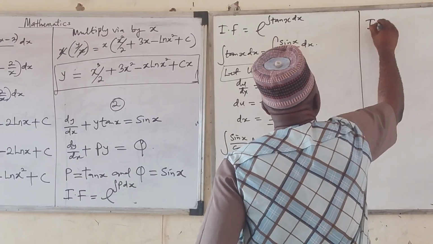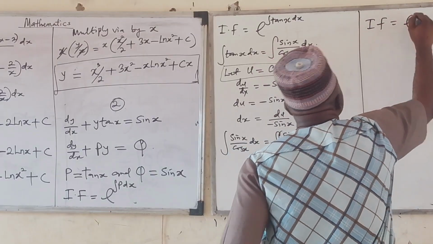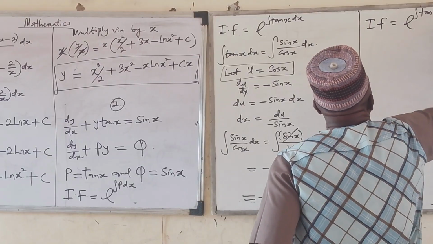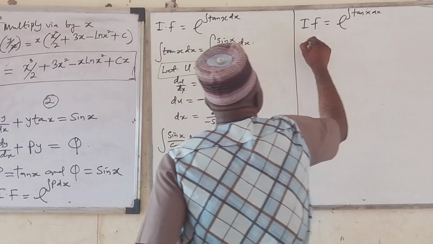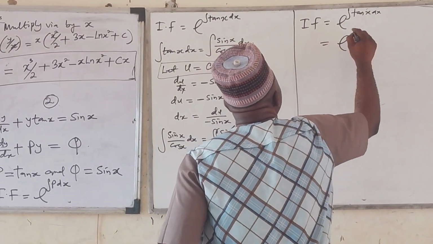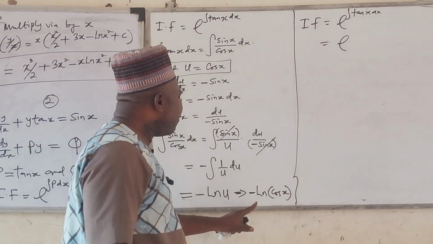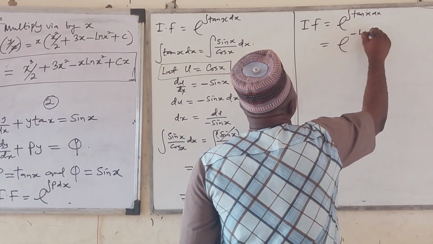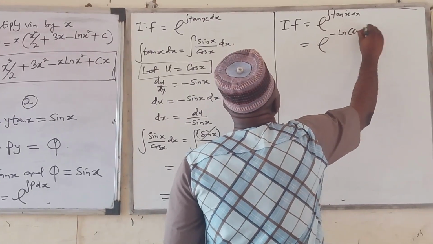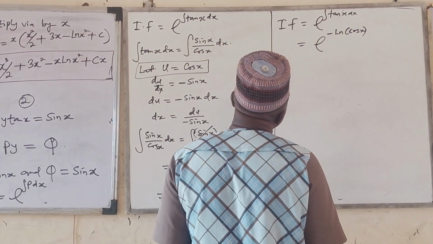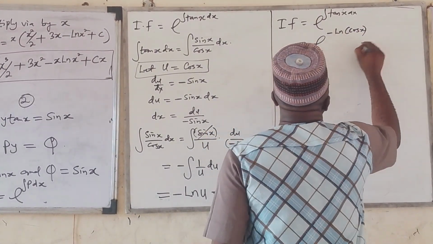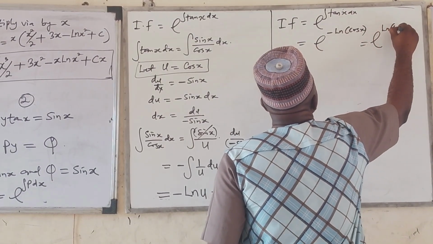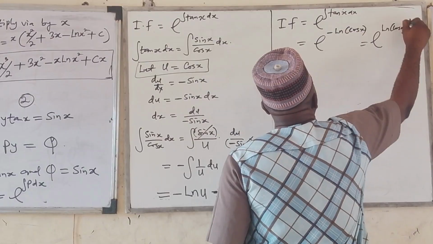The integrating factor, we said, is e raised to the power of the integral of tan x dx. This is the same as e raised to the power of minus ln cos x, which is the same as e raised to the power of (ln cos x) raised to the power of minus 1.